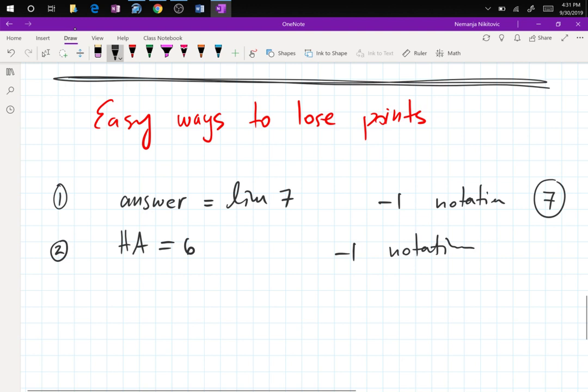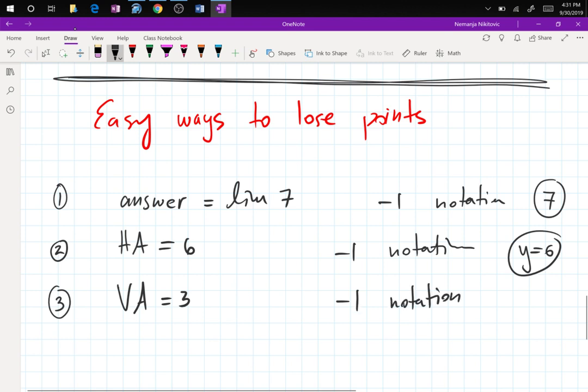The correct way is to say y equals 6. It's a line. Another one to lose points. Vertical asymptote is equal to 3. Boom, minus 1 for notation. Correct way is to write x equals 3 because it's a vertical line.